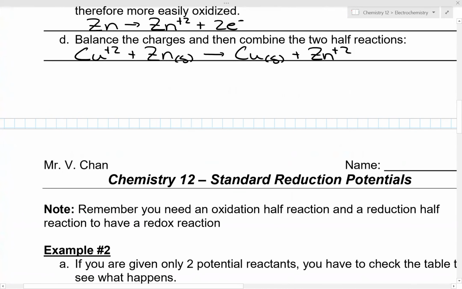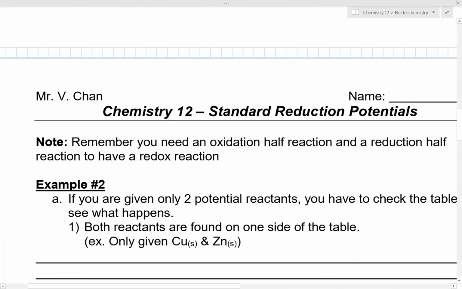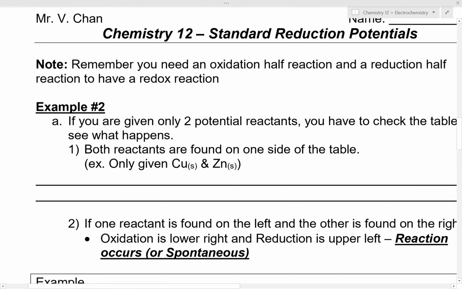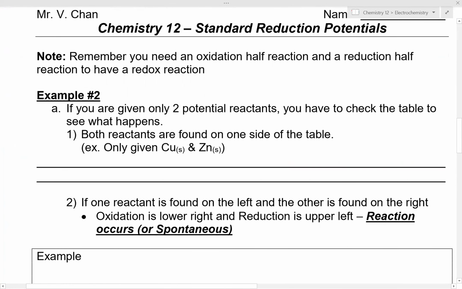Now, remember, you need an oxidation half reaction and a reduction half reaction to have a redox reaction. Okay, you need one that undergoes oxidation, the other undergoing reduction. Now, if you were only given 2 potential reactants, you have to check the table to see what happens.